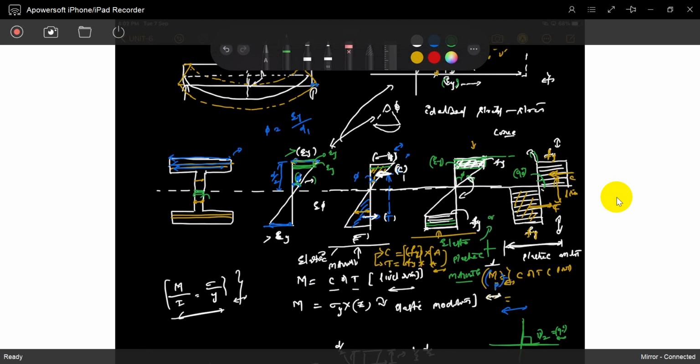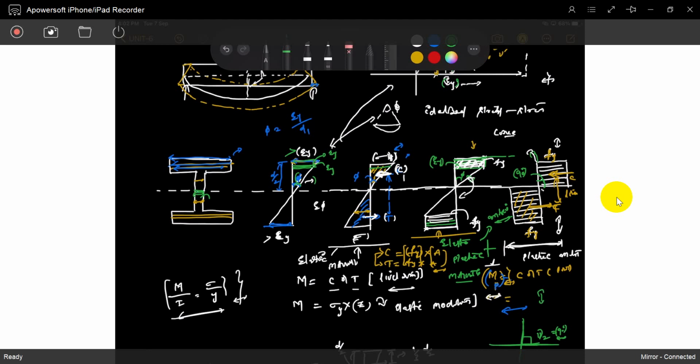This is plastic, this is elastic, and in between is elastoplastic analysis. How to find the moment carrying capacity, and what exactly a plastic hinge is, we will discuss later.